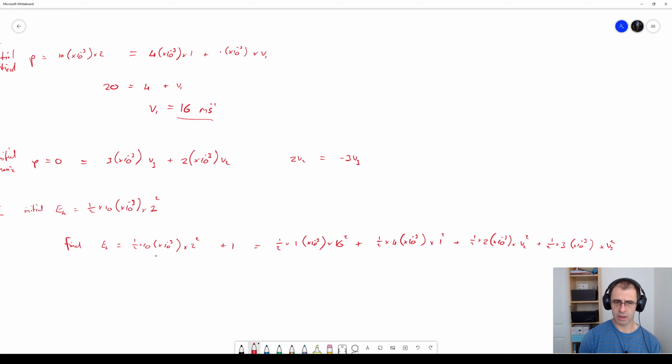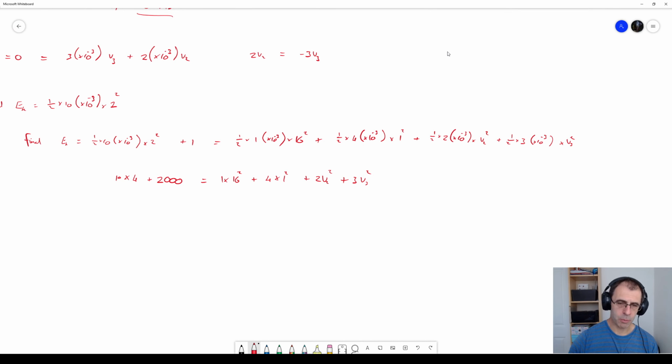by 2 and by 10 to the 3 and get on this side then 10 times 2 squared is 4 plus 1 becomes 2000, because I'm multiplying through by 2 by 1000, equals 1 times 16 squared plus 4 times 1 squared plus 2 V2 squared plus 3 V3 squared.